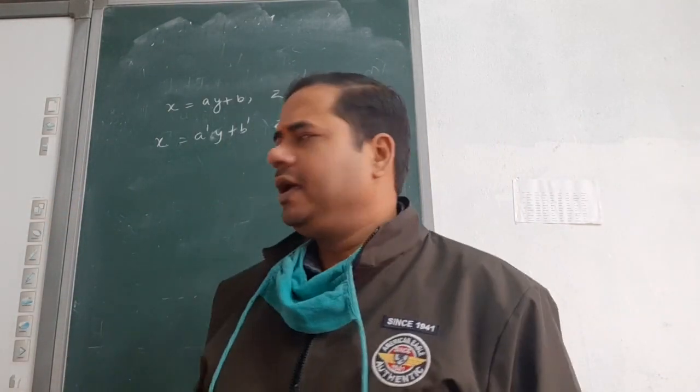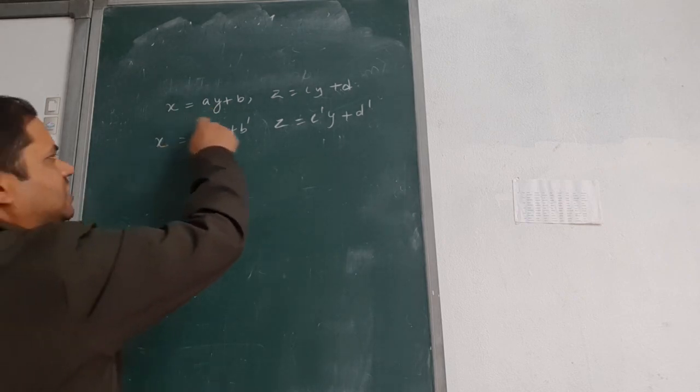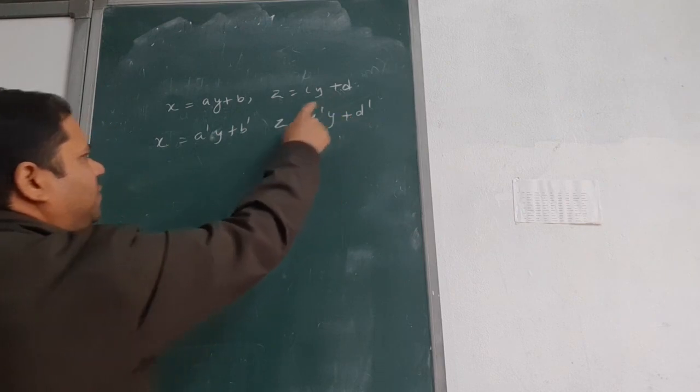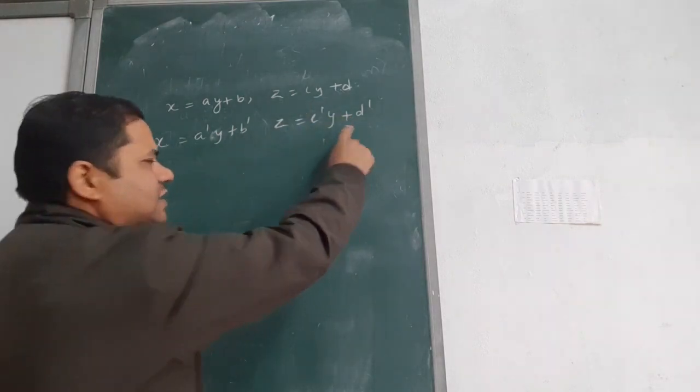Actually, you know the equation of a line in the form x minus x1 upon a is equal to y minus y1 upon b is equal to z minus z1 upon c. But this is in the form of two planes. This is a single plane, and this is a single plane.